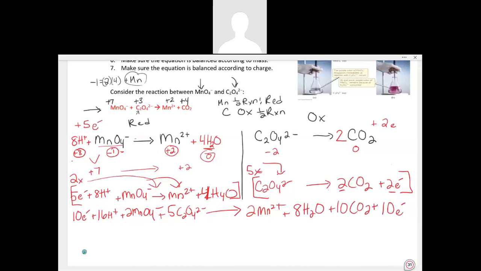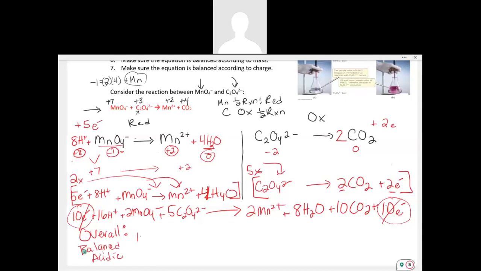Now you might notice that the electrons are kind of like a spectator ion. We have 10 in, 10 out. We can cancel those out in our overall equation, and our final overall reaction, balanced in acidic conditions, will look like this.